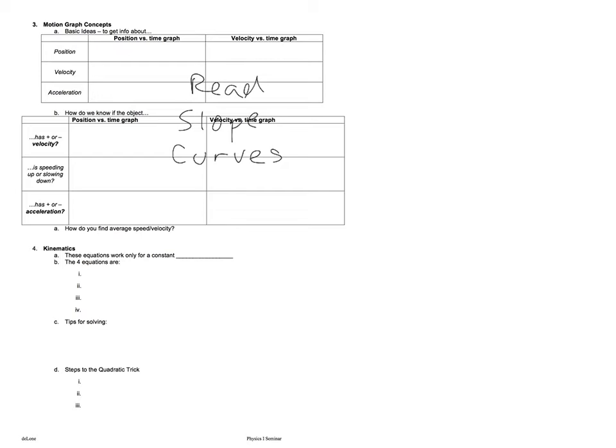On a velocity versus time graph, the velocity we simply read, and the acceleration is the slope. Now, we can't actually get information about the position itself, but we do know that the change in position is the area. So we can say that on a velocity versus time graph.